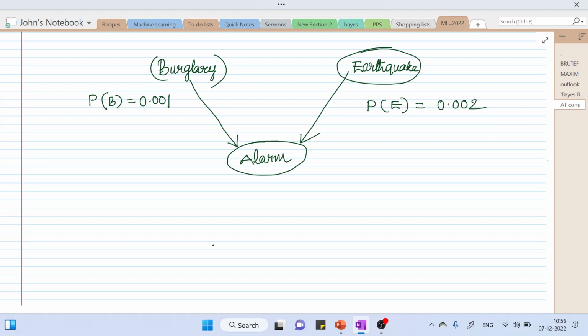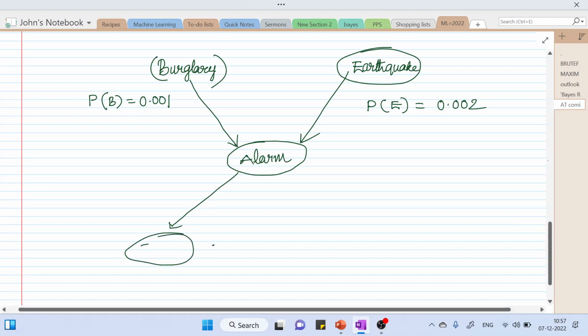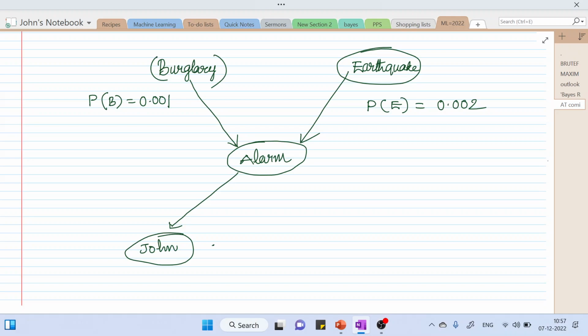So what he has done is, he asked his neighbors. One neighbor is named John. If John hears that alarm sound, he will make a phone call to that person.